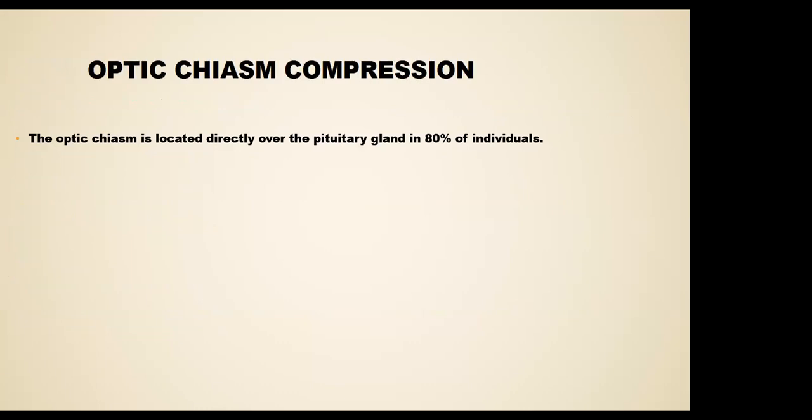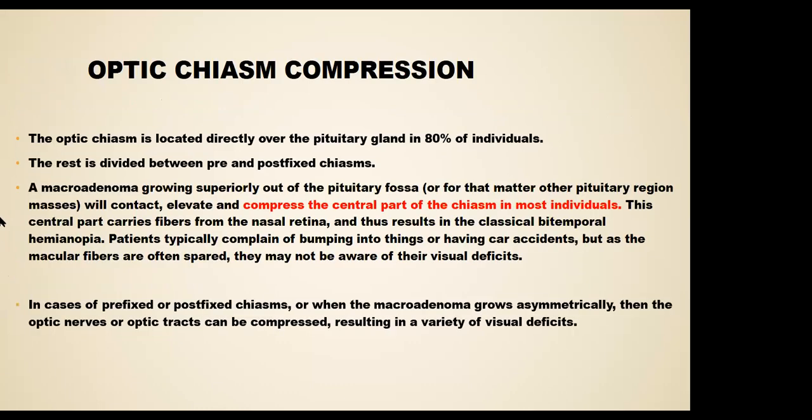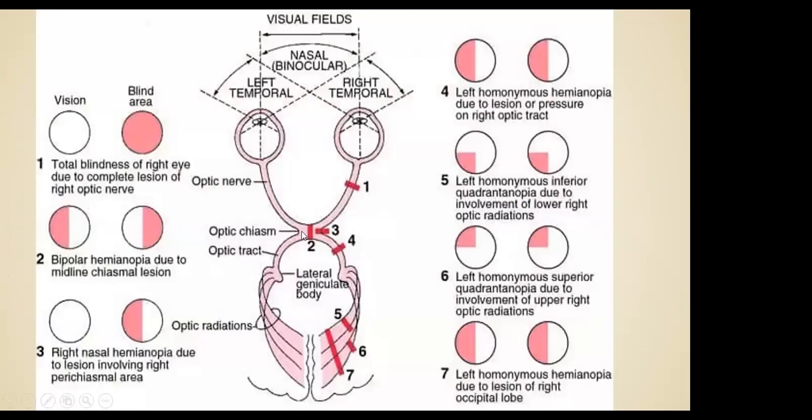When there is a lesion compressing the chiasm, which carries the nasal retinal fibers, it will lead to bilateral hemianopia. As you see here, when there is a compression on the chiasm, there will be a bilateral hemianopia.